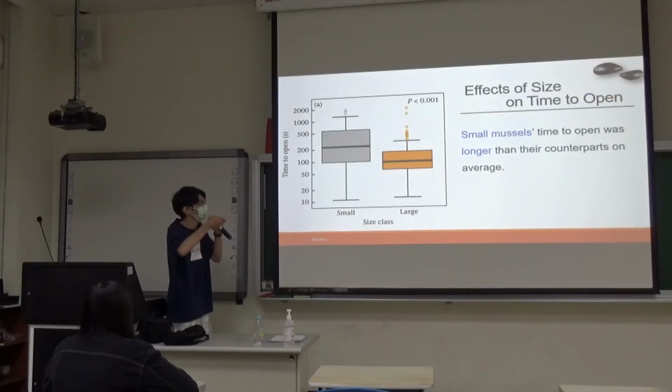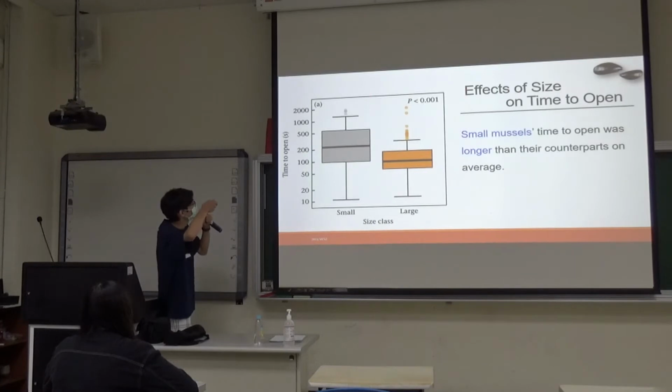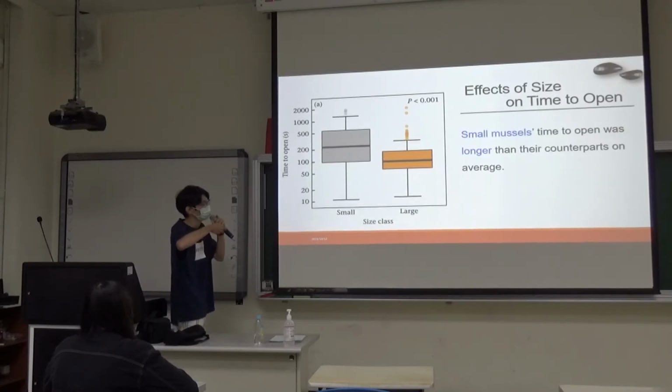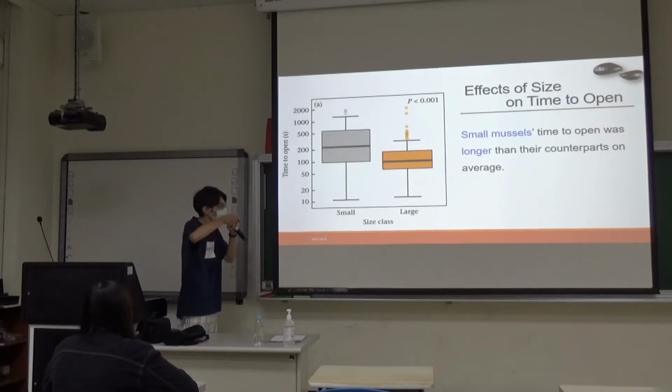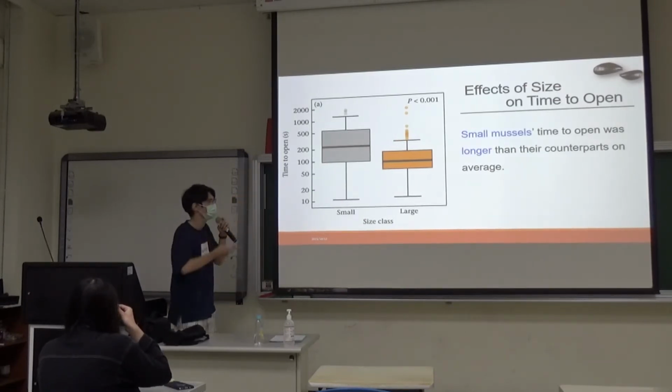About the effect of size, you can see the relation between the time to open and the size class. The gray one is the small size, and the orange one is the large size. So you can see the small mussels have a longer time to open than the large ones.